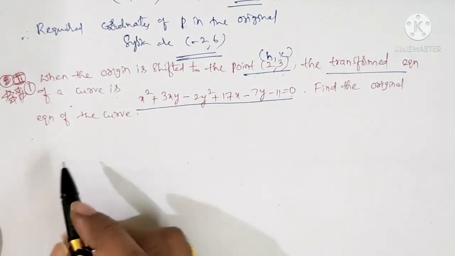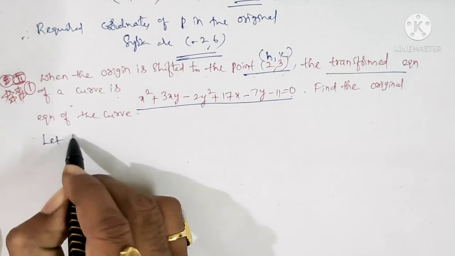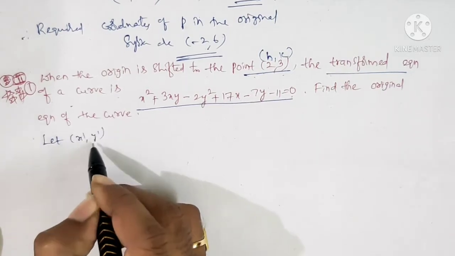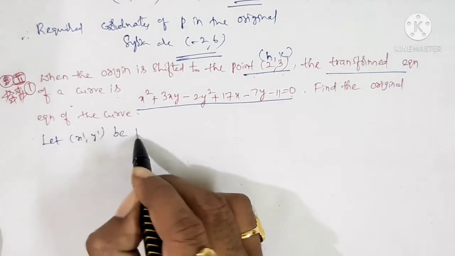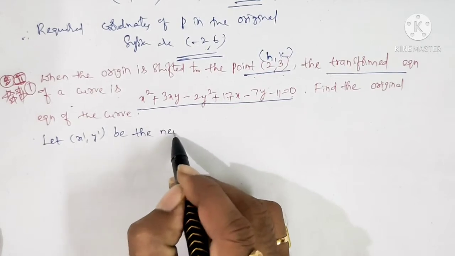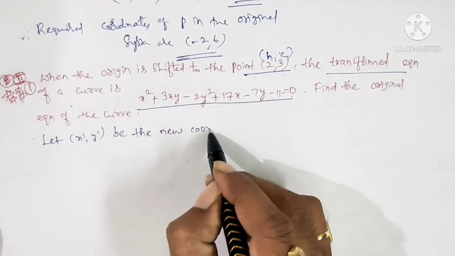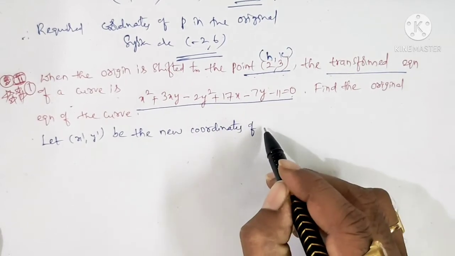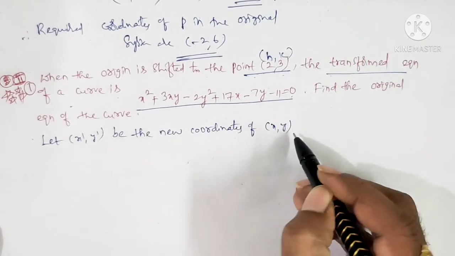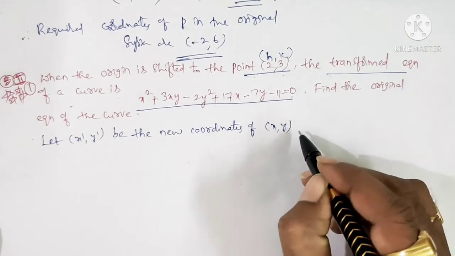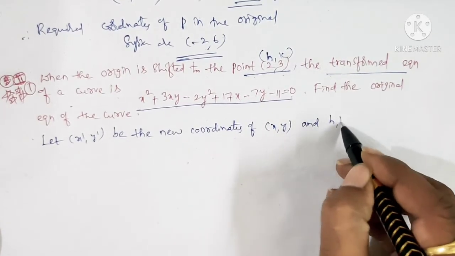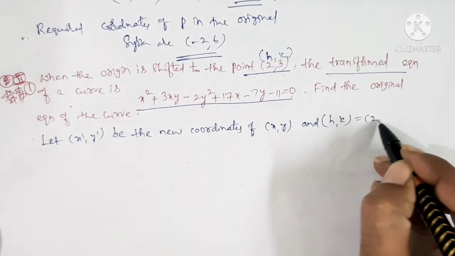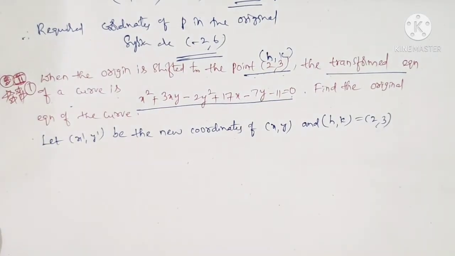Let x dash comma y dash be the new coordinates of x comma y, and here h comma k is equal to 2 comma 3. Is it clear?